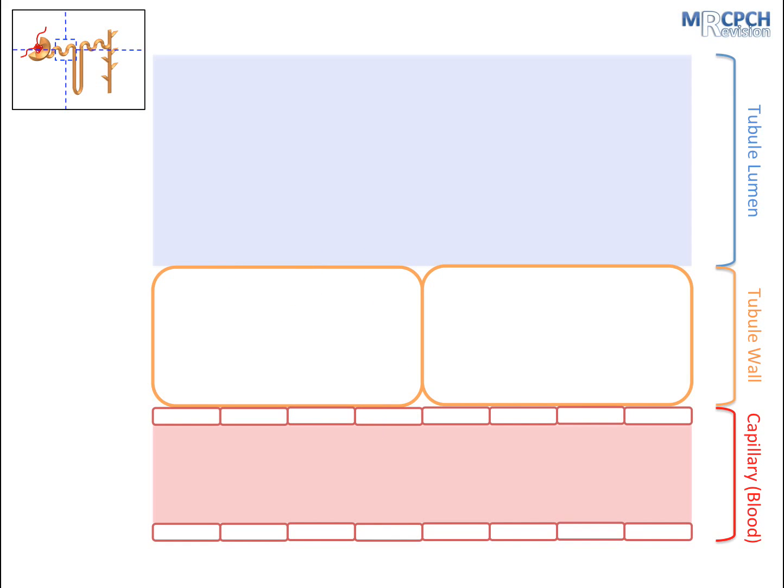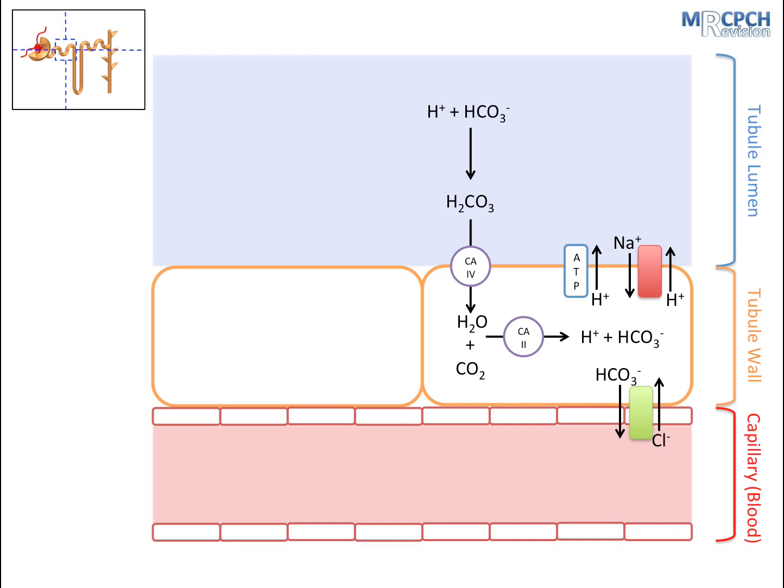So we'll recap that again on this slide. Back again, the filtered proton and bicarbonate join up to form carbonic acid, that then joins up with luminal carbonic anhydrase 4 to form water and carbon dioxide, which is then taken up by carbonic anhydrase 2 and converted into protons and bicarbonate.